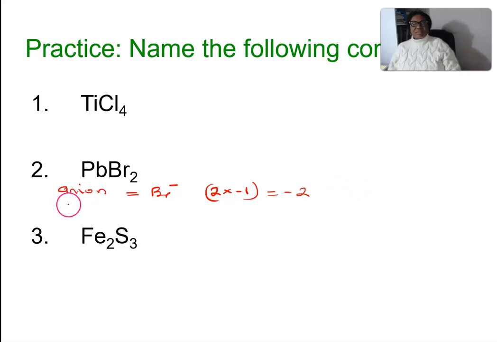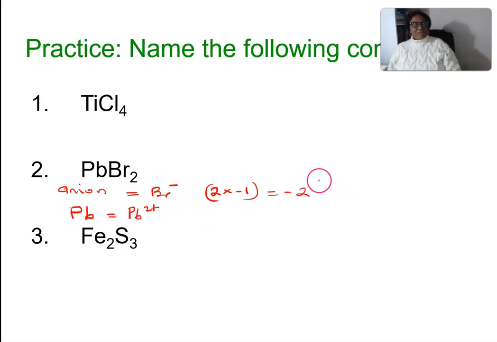Then the cation, because the total charge is minus 2 and a compound must be neutral, and we have just one atom of lead, so this is Pb2+. So what is the name?